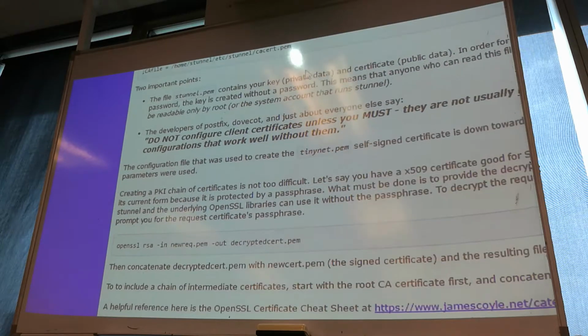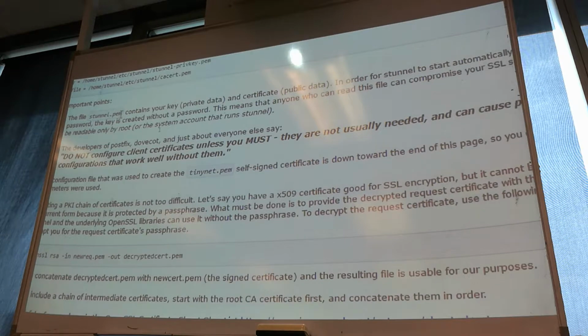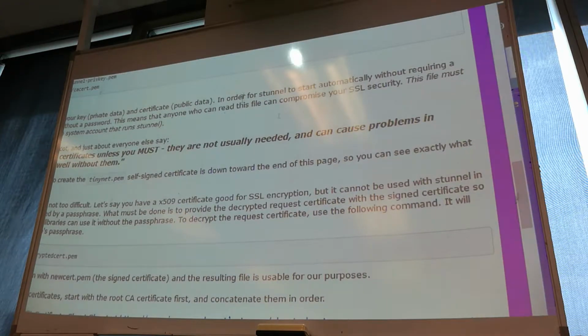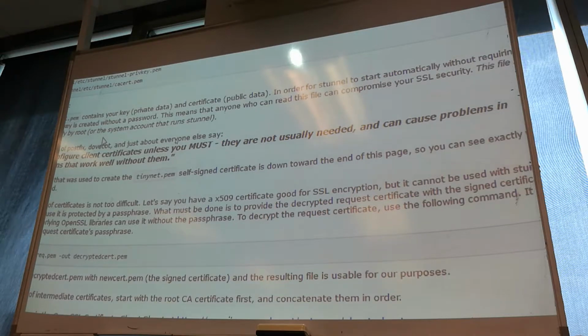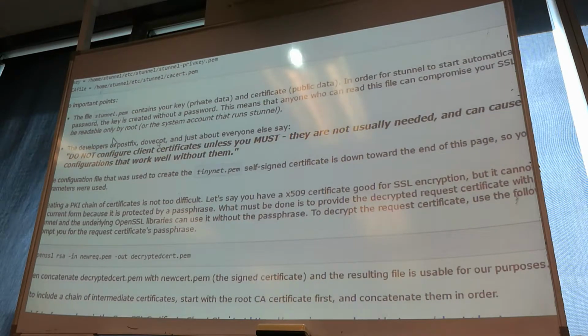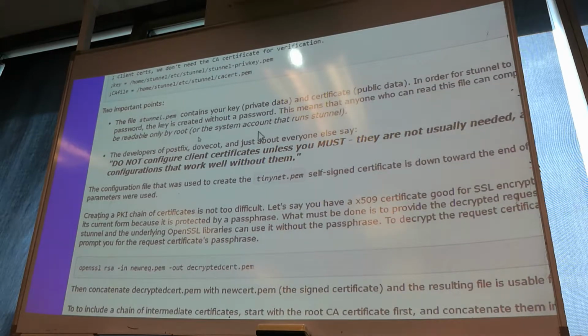The file SSL PEM is your private data, your private key, and your certificate, okay? So, for SSL to start automatically, this file must be readable only by root or the system account that runs SSL. Okay, so that's the first thing, and we'll want to check that.